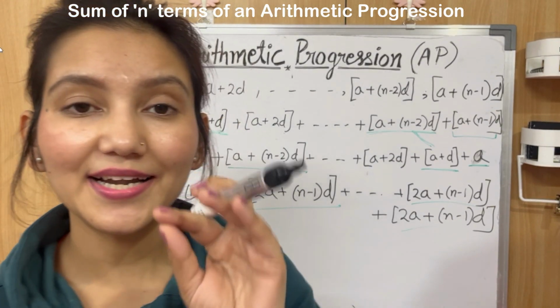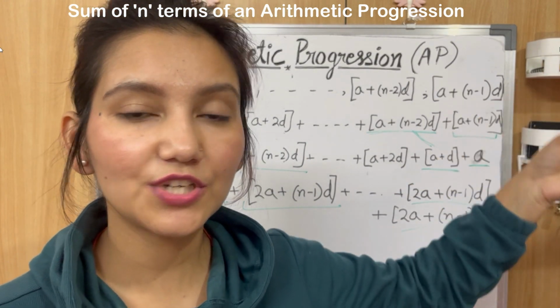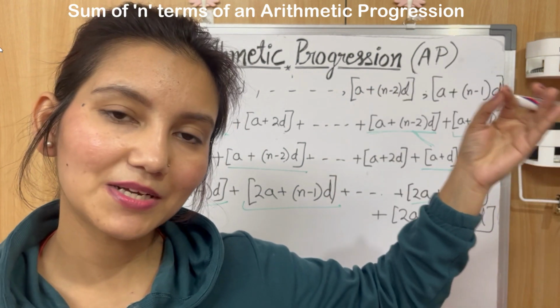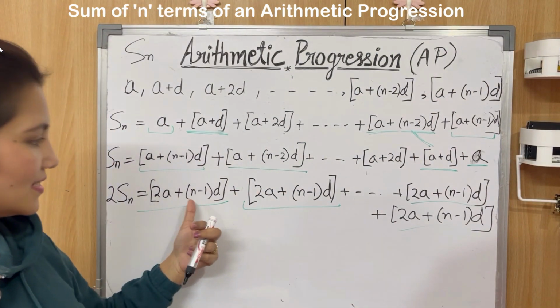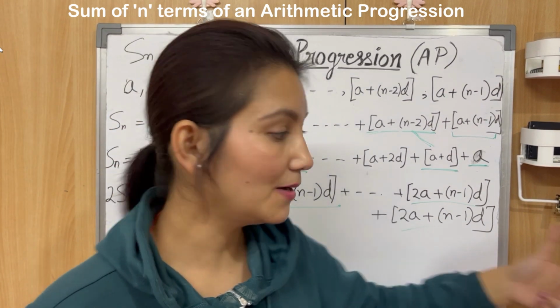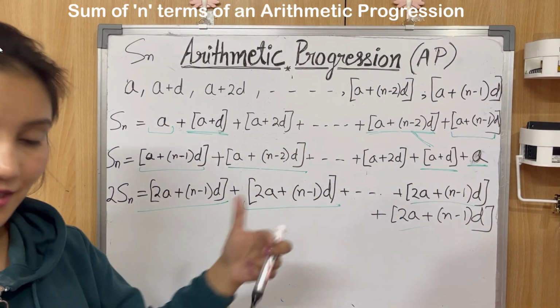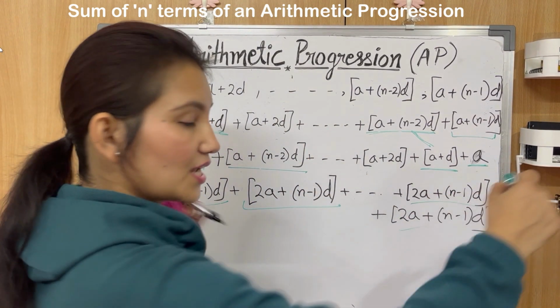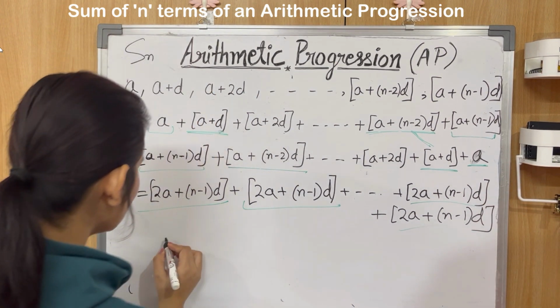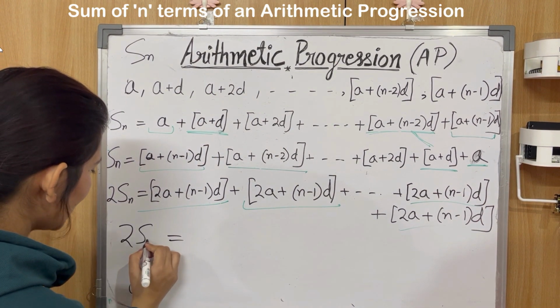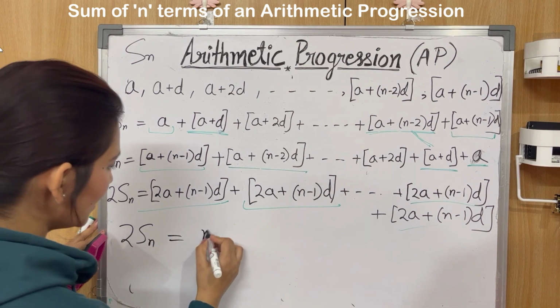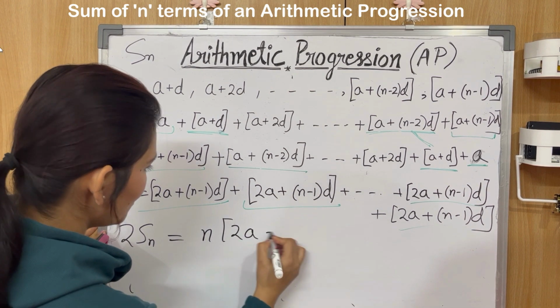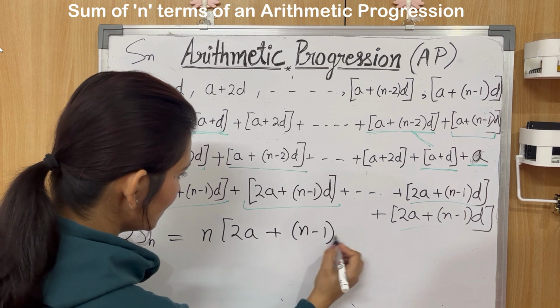If you add 2 three times, it will become 2 into 3. If you add 2 four times, it becomes 2 into 4. If you add this term n times, it will become this into n. So instead of this huge statement, we can simply write 2Sn is equal to n into 2a plus n minus 1 d.